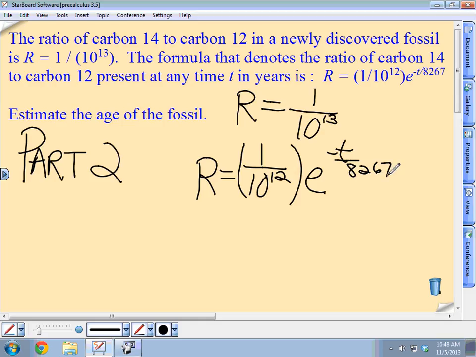So this is the model for the ratio at any time. And it wants to know, of this new fossil, this is the ratio here of the new fossil, and it wants to know what's the age of the fossil. So what are we going to do first?